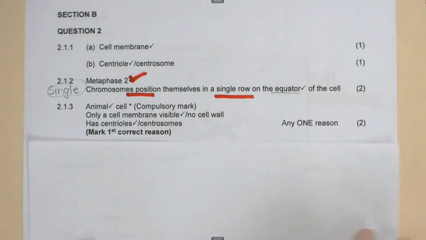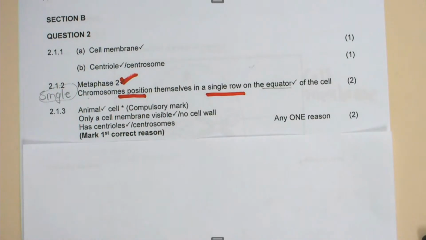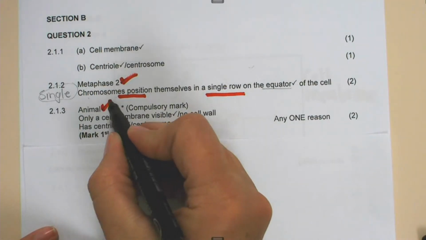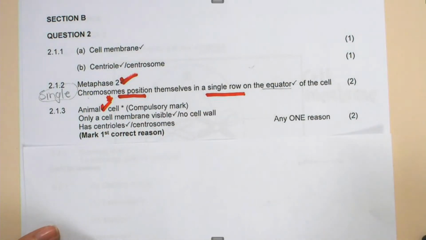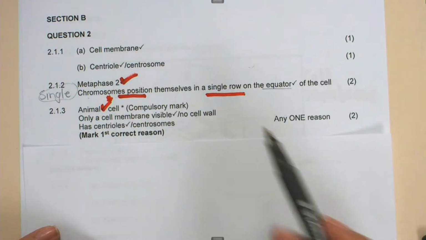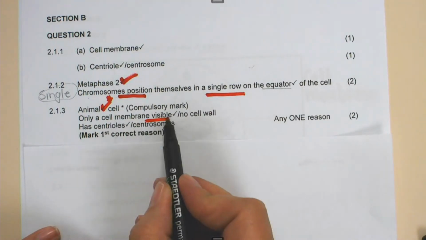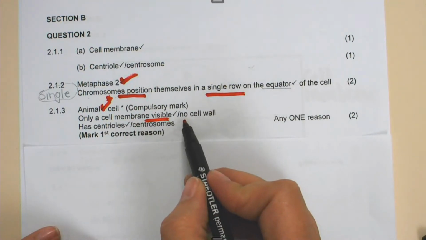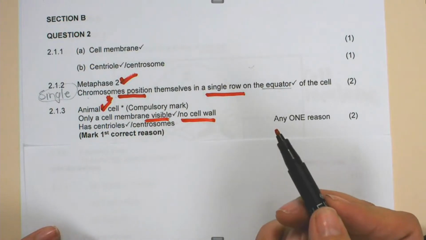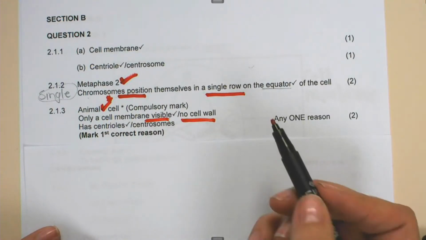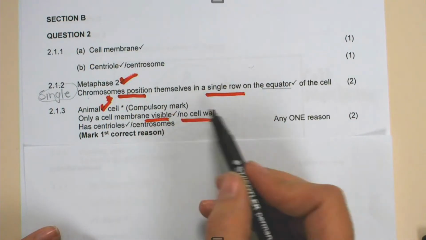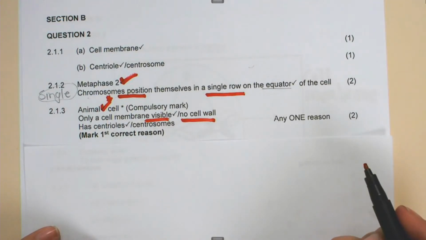So if we look at the memo, we will say that it's an animal cell. That is, as you can see, a compulsory mark, so we mark it with an asterisk like that. And it has only one cell membrane that is visible, or you can allocate a mark for there's no cell wall. So one mark can be allocated for either one of those.